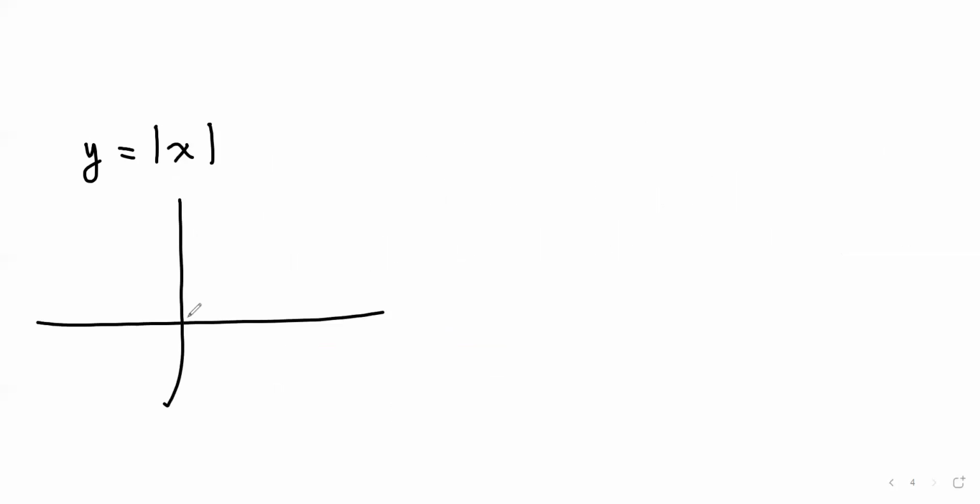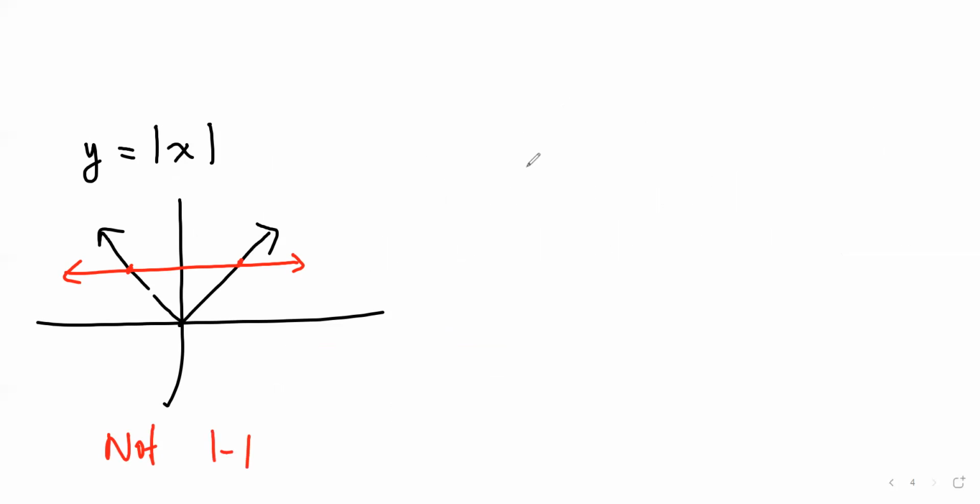So let's say I take y equal to absolute value of x, right? This is a function which has this graph. This is not one-to-one, clearly. Once you know the graph, you see you have two intersection points here. So this is not one-to-one.